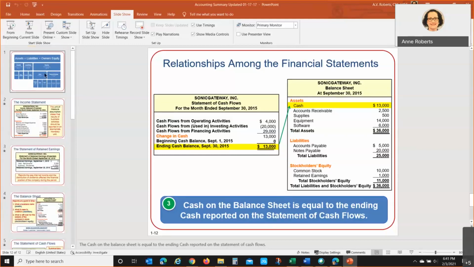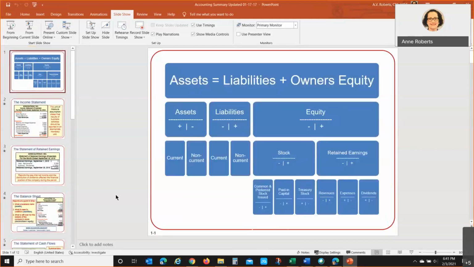That's basically a really big review of a lot of chapter 1 and chapter 2. All right. Now, that's the big picture. And maybe a little bit of chapter 3 as well, because we did get into the income statement. But that's the big picture view of what just happened in chapters 1, 2, and 3. Okay. Chapter 1, we learned about all the financial statements.